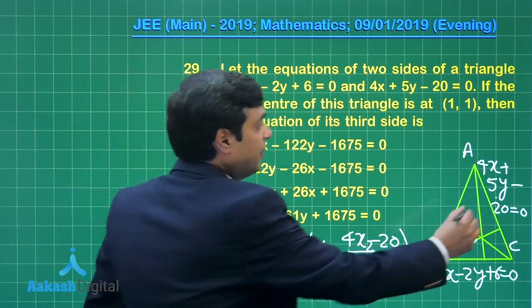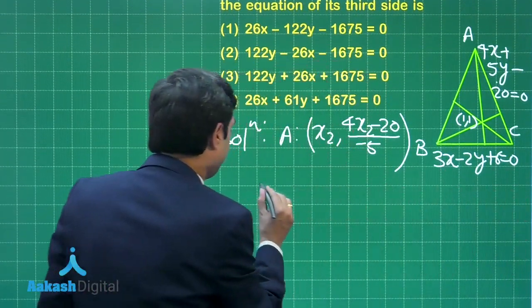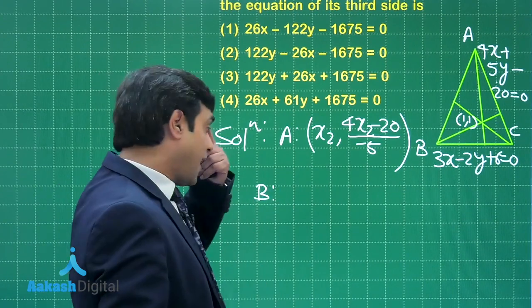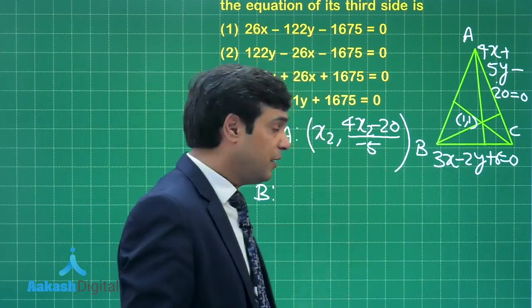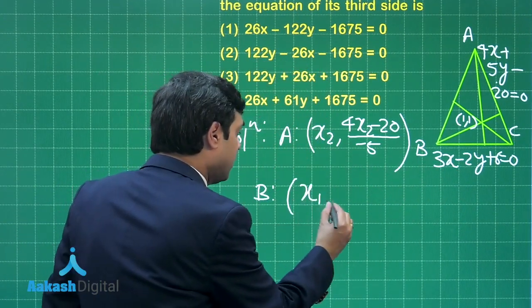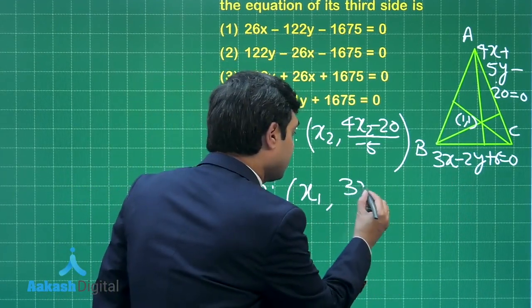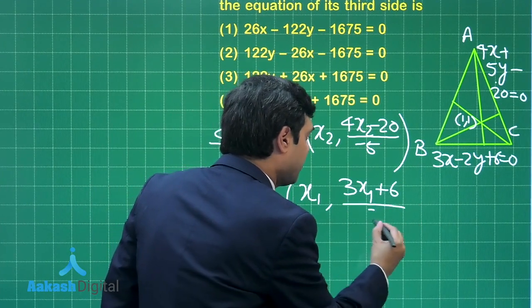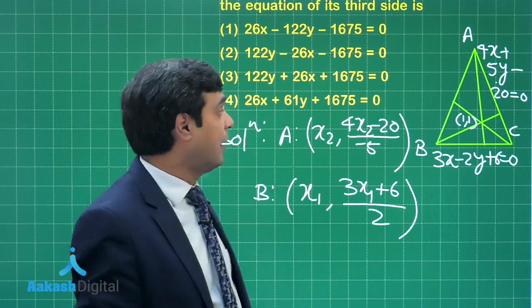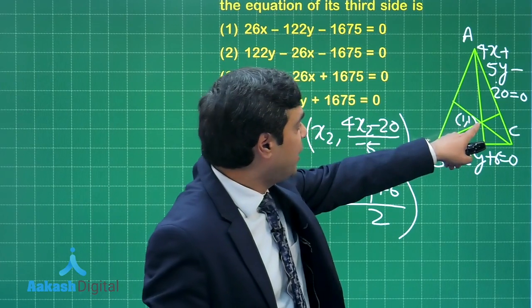So this is A. Similarly, we can find B. As I said in the beginning, let's say this is x1. So we have here x1 comma y, which can be obtained as 3x1 plus 6 divided by 2. This is clear. Now we have point A and point 1, 1.